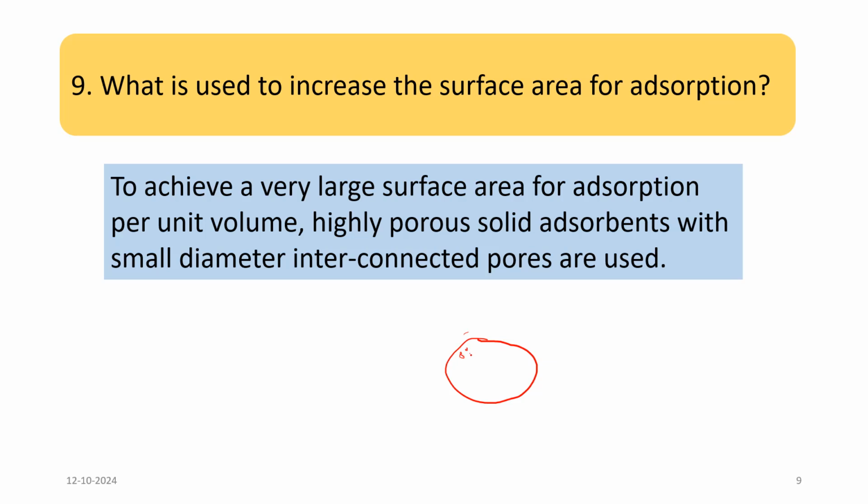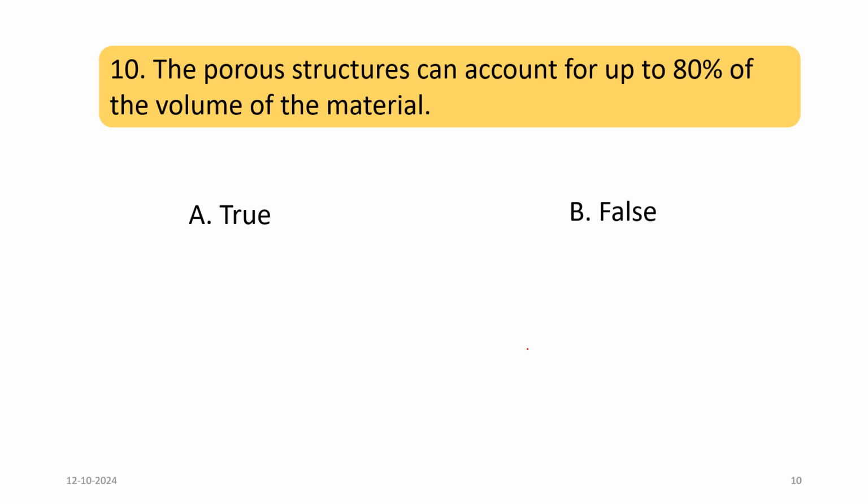Pores of very small diameter have to be there on the surface of the solid adsorbent. It has to be highly porous. Next, the porous structures can account for up to 80% of the volume of the material.